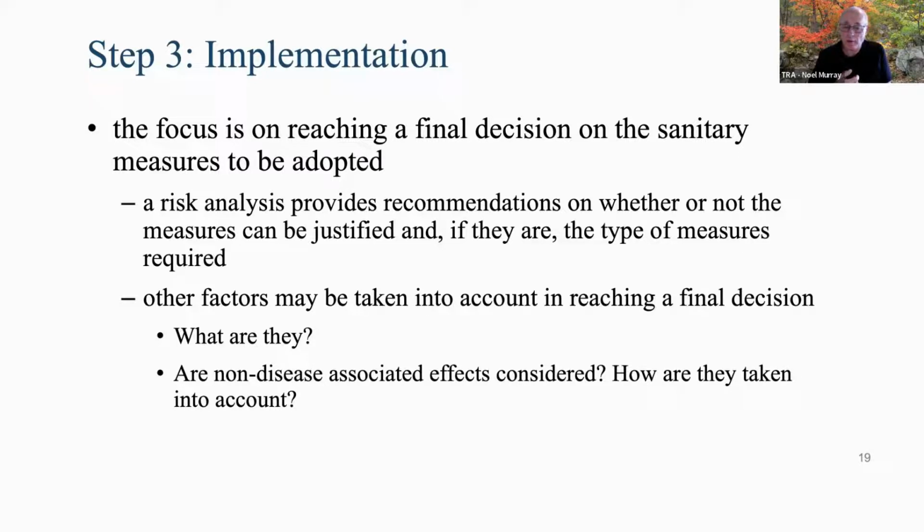What are they? Are there any non-disease associated effects considered? How are they taken into account? And if they are, they would need to be transparently documented. Remember that any non-disease associated effects are really outside the scope of an animal health import risk analysis under the OIE framework, as well as the SPS agreement.